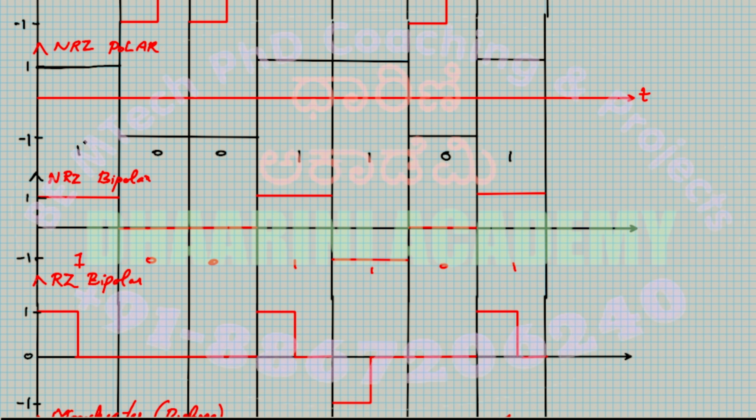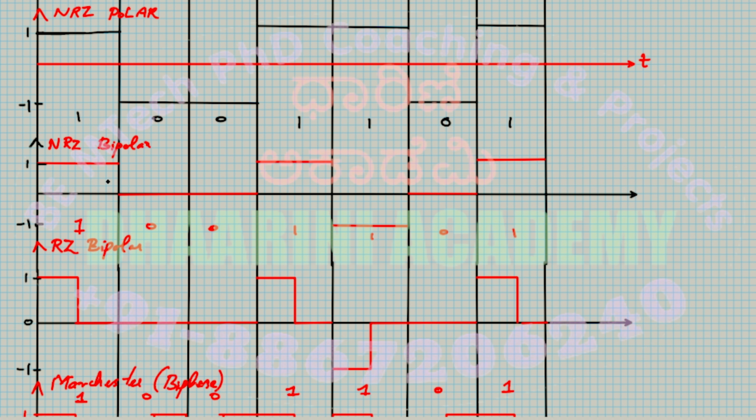Similar to that, we have another technique, that is NRZ bipolar. The word bipolar refers to a single bit, say 1: only for 1, there will be two polarities. Bipolar means totally 3 levels will be there. 0 will always be completely 0.